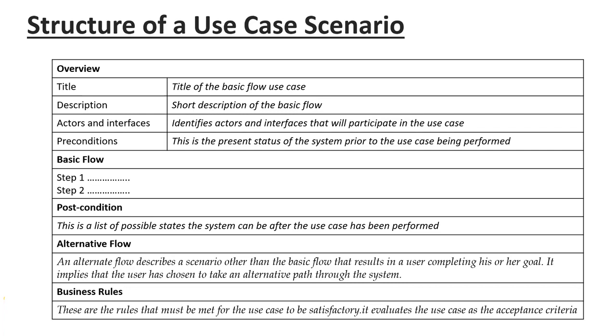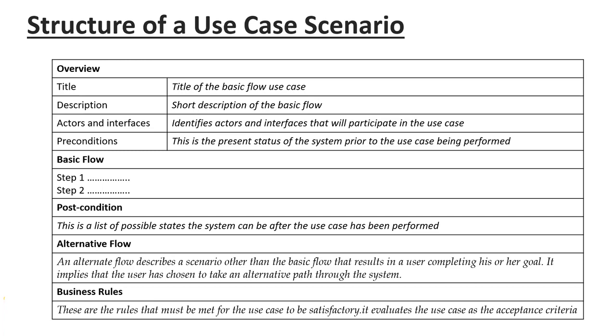If this use case would be utilized by external interfaces, we would also write out the external interface, that is third-party applications that will be involved in this use case.